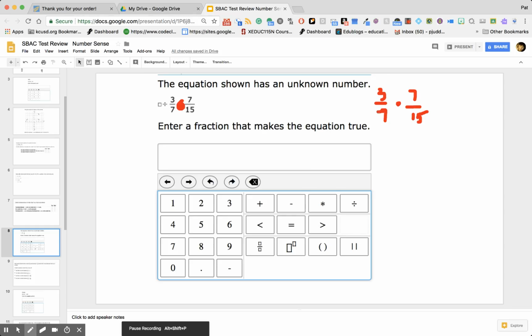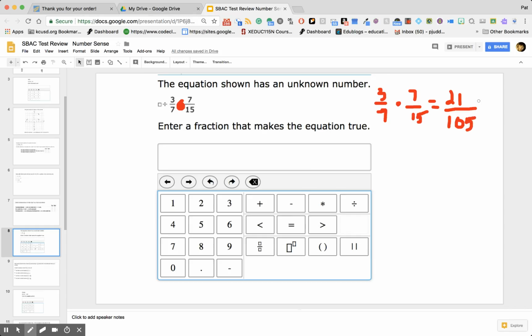Well, 3 times 7 is 21. 7 times 15 is 105.